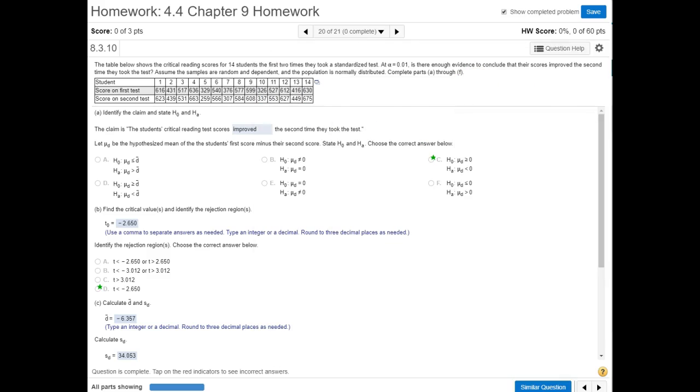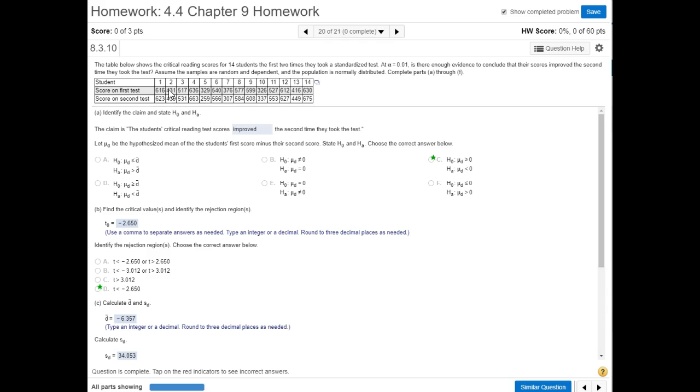And just to go into this a little bit more, just how you get the difference is less than 0. Think about what it means for the second. If they improved, the second score will be higher than the first score. So if you take the first score and subtract the second score, if they improved, the second score on average should be larger.